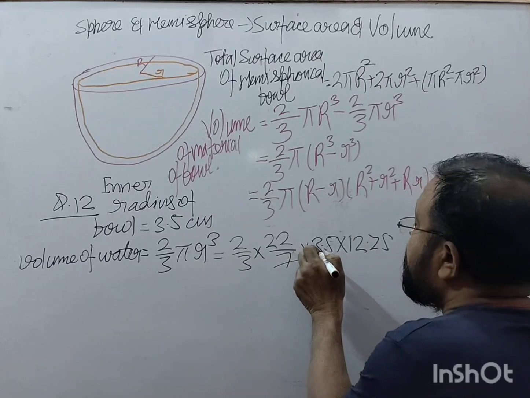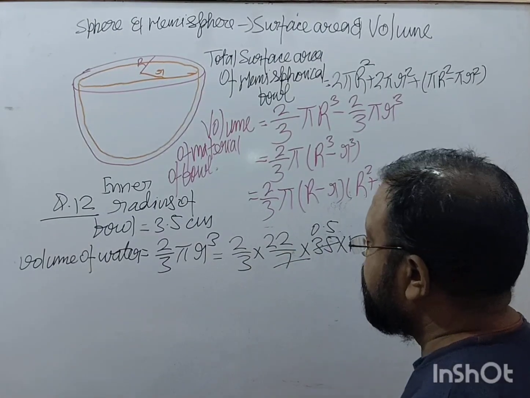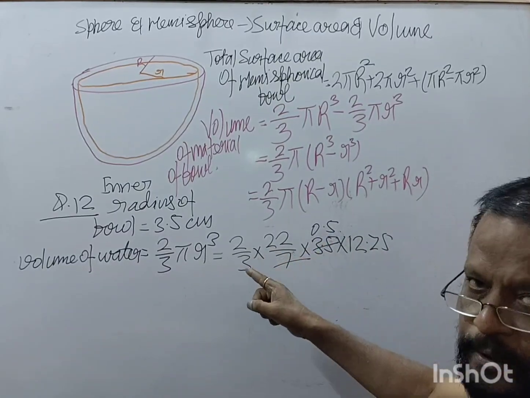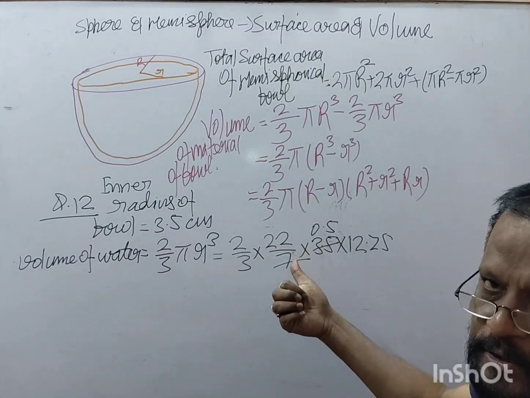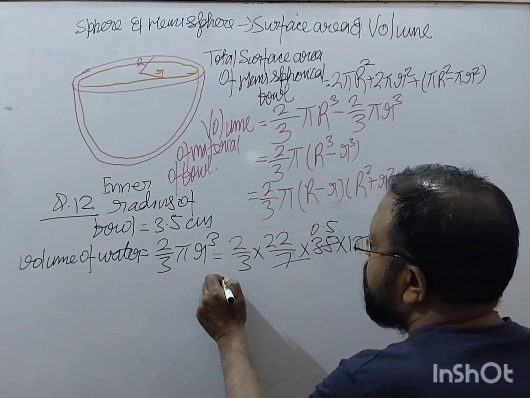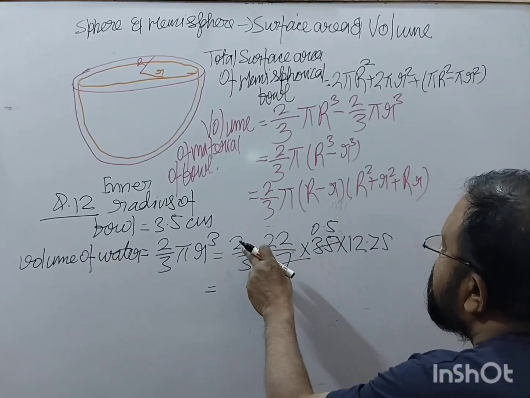And this 7 is multiplied by, you get 0.5, right? So again, this is 1. 0.5 into 2 becomes 10. You get 1. 1 into 22. So you will get, oh, no. This is 1, 22.